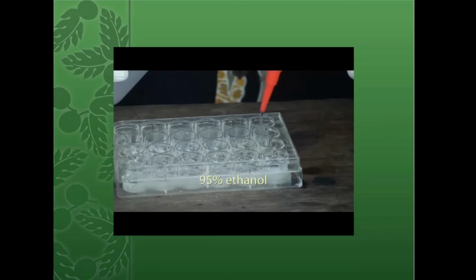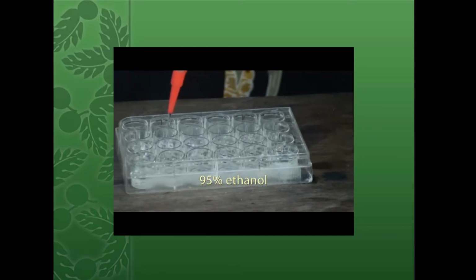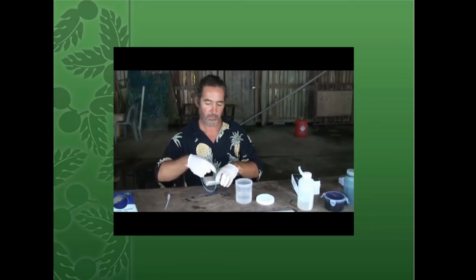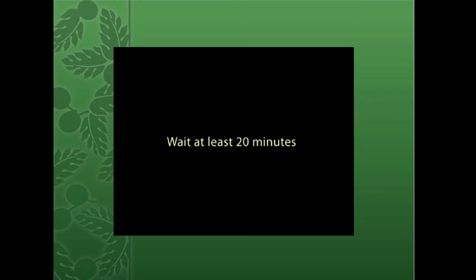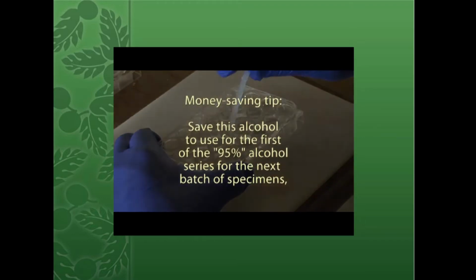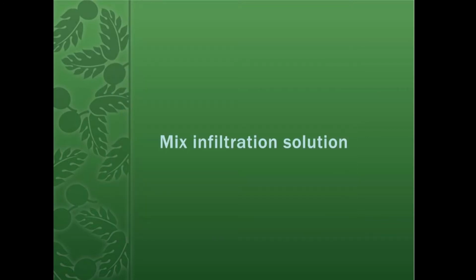And replace that with fresh alcohol. And wait at least another 20 minutes. Remove the alcohol. The next step is to prepare some plastic resin that will be used as an infiltration solution.